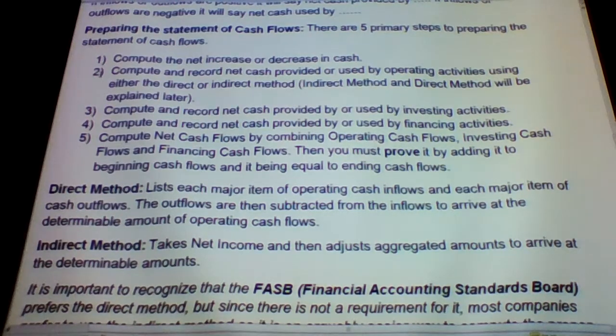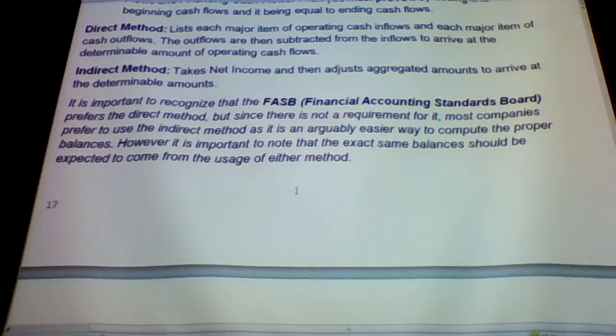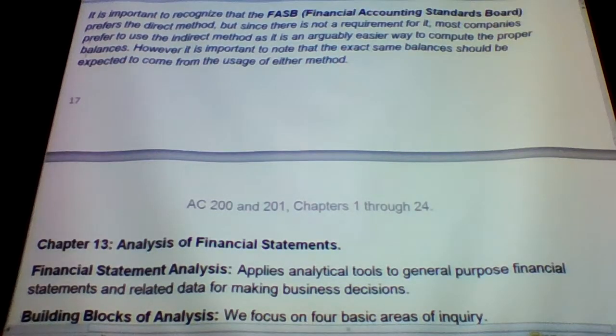The direct method lists each major item of operating cash inflows and each major item of cash outflows. The outflows are then subtracted from the inflows to arrive at the determinable amount of operating cash flows. Indirect method takes net income and then adjusts aggregated amounts of inflows and outflows to arrive at the determinable amounts of inflows or outflows. Now, there's a kind of important little note here.